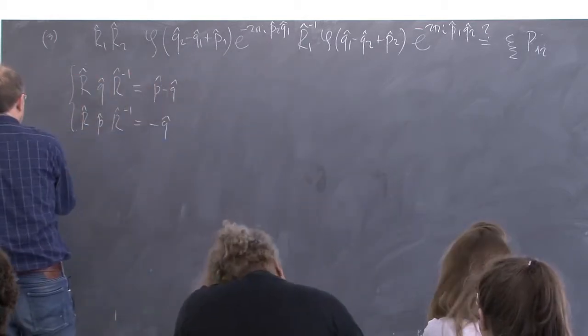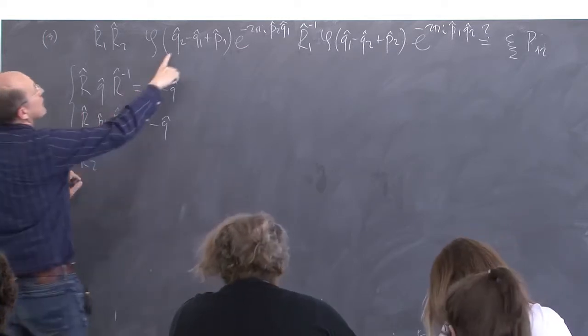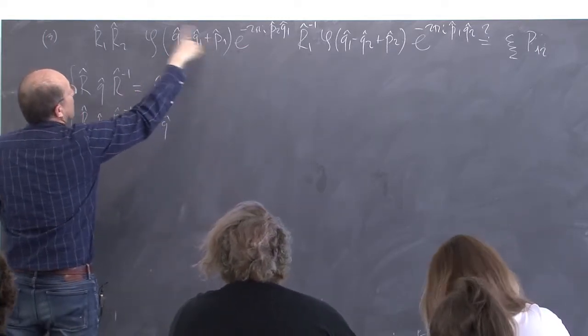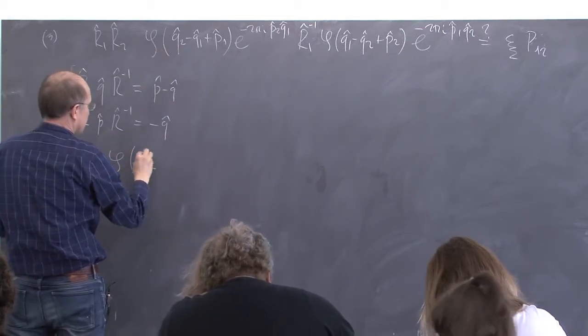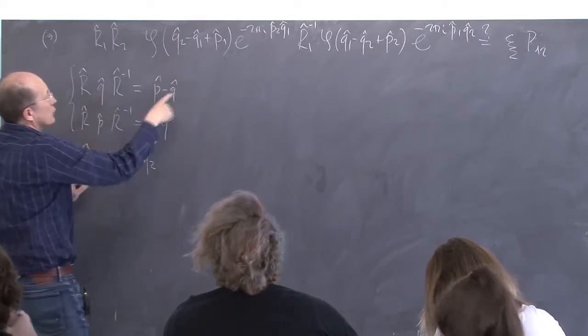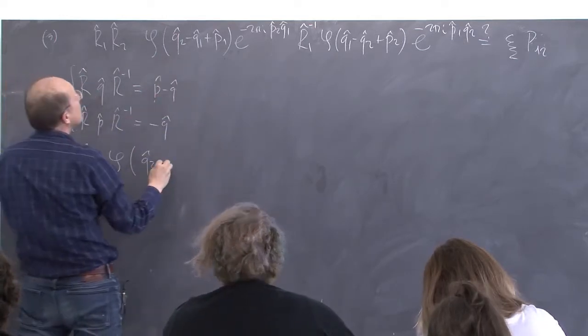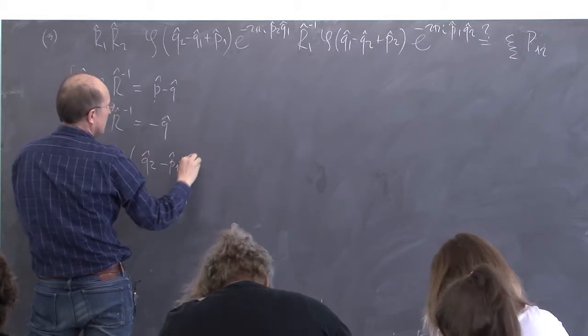So 3 is equivalent to R2 stays intact. Now we move R1 hat through the argument of phi. Phi of Q2 is not changed. Now Q1, minus Q1 should become minus this: minus P1 plus Q1.